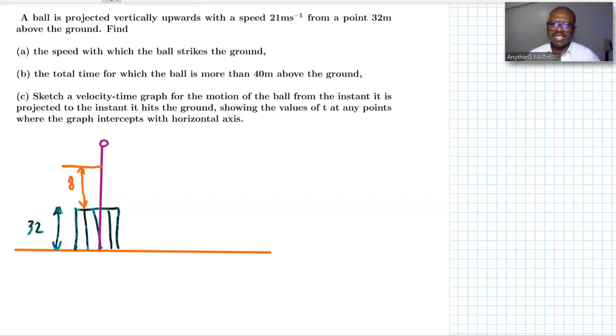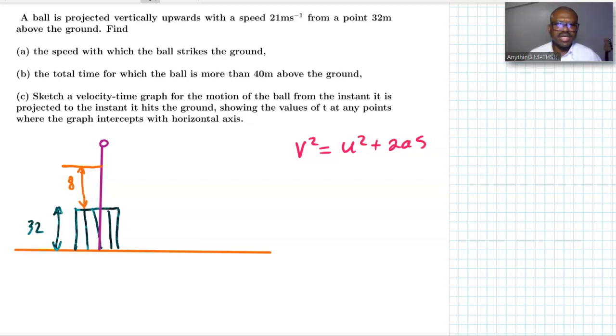So we know the initial velocity. We want to find the velocity when it got to 8 meters from that point of projection. So we have to use this formula: V squared should be equal to U squared plus 2AS.